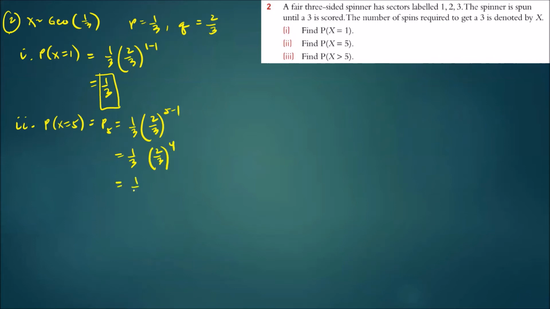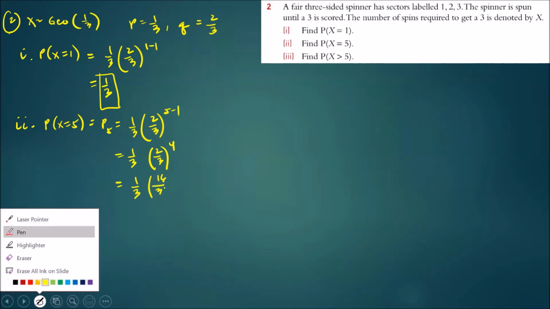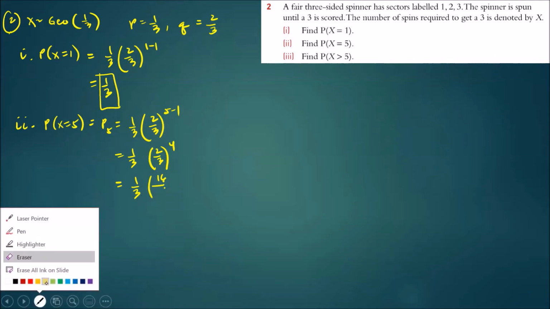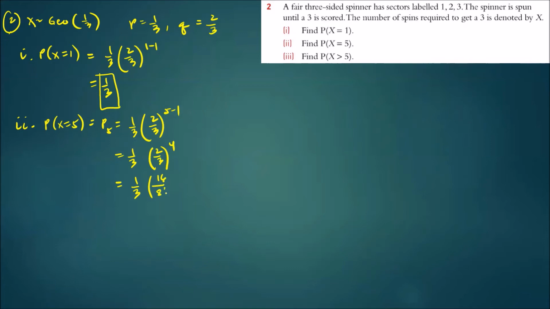That is 1/3 multiplied by 16 over 81. That should be 81. Or that is equal to 16 over 243.